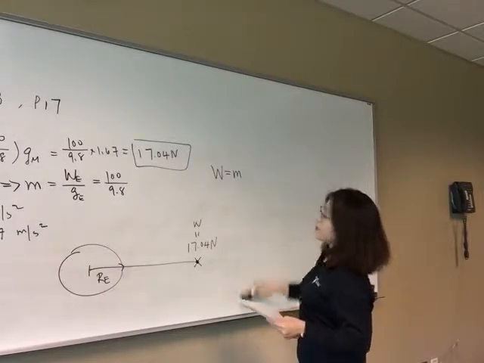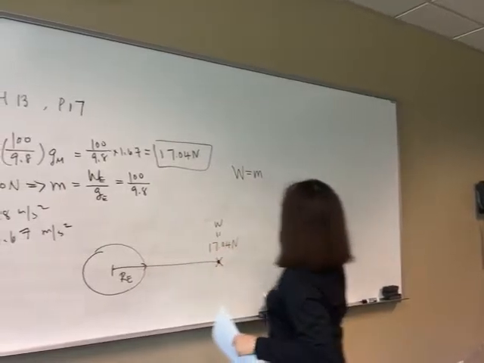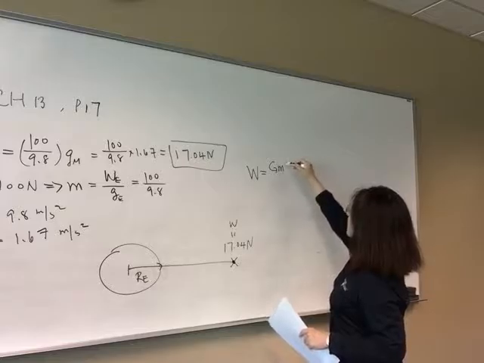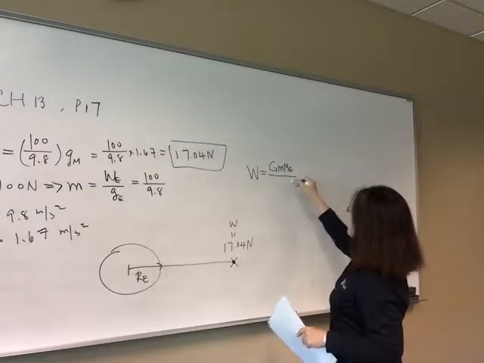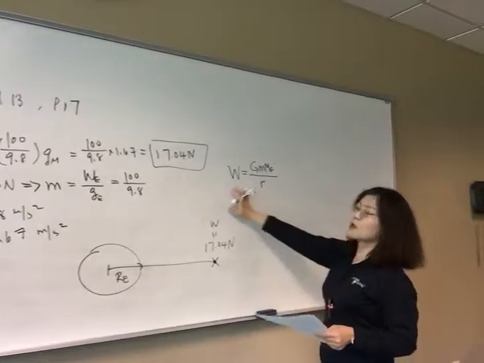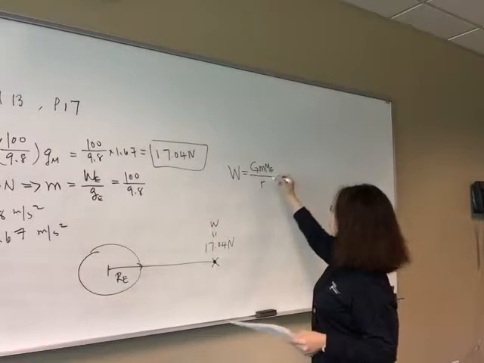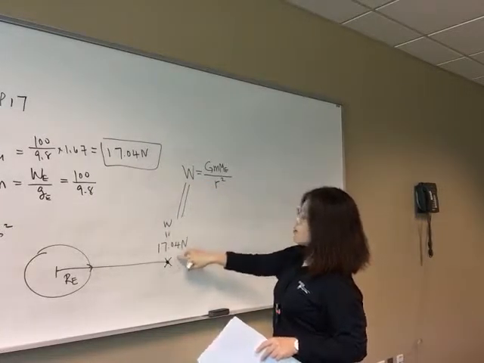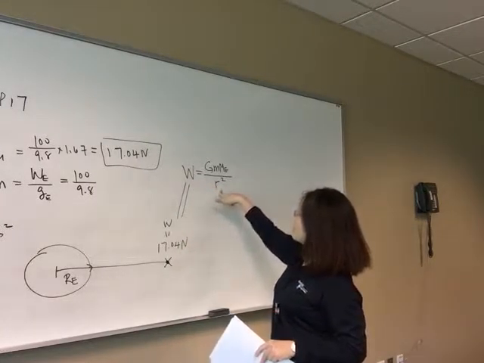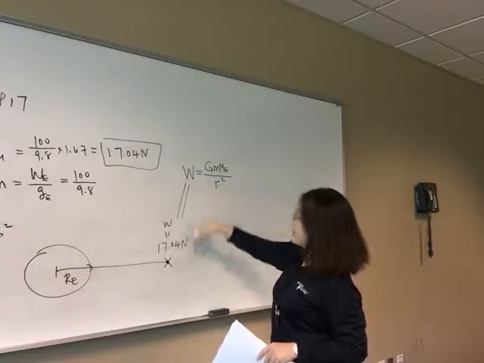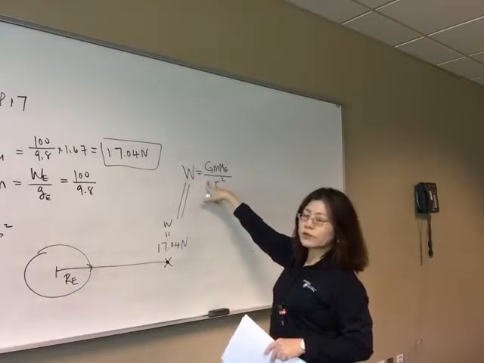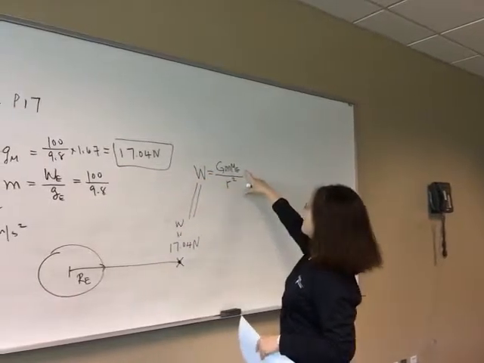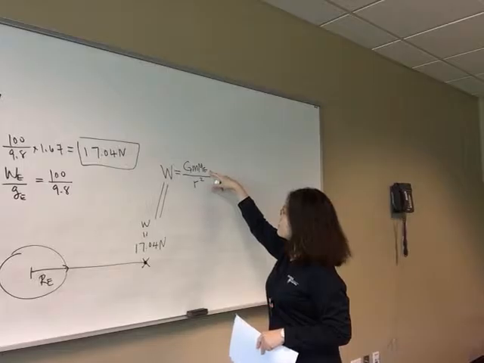Now because it's away, not on the surface of the Earth, you will actually use G M over the separation squared, because the weight is basically the gravitational force. So the weight now is 17.04, and where should you place the object so that the weight is 17.04? Your G is the gravitational constant, and your m is the mass of the object, which is 100 over 9.8, and then this is the mass of the Earth.